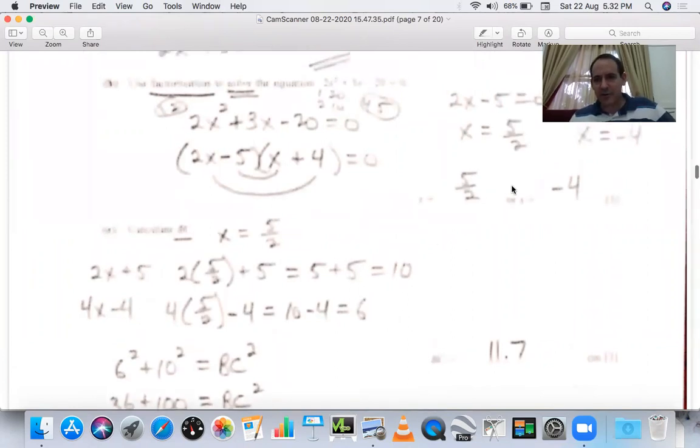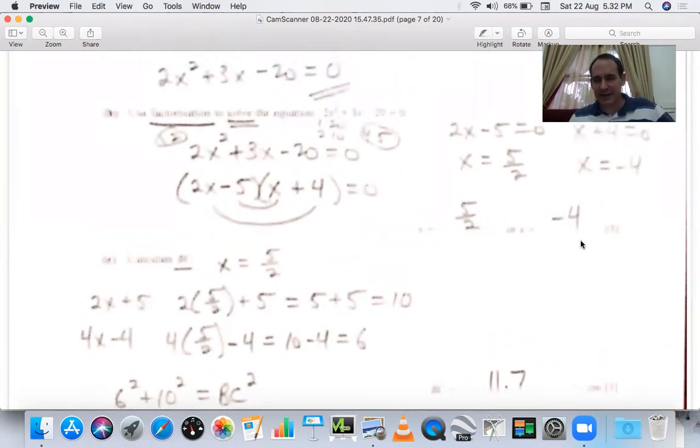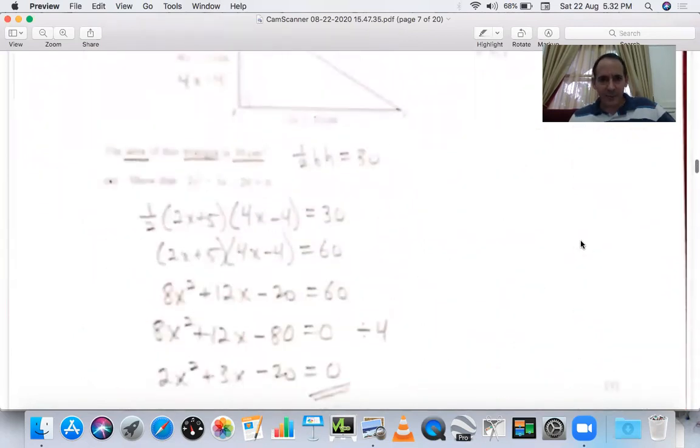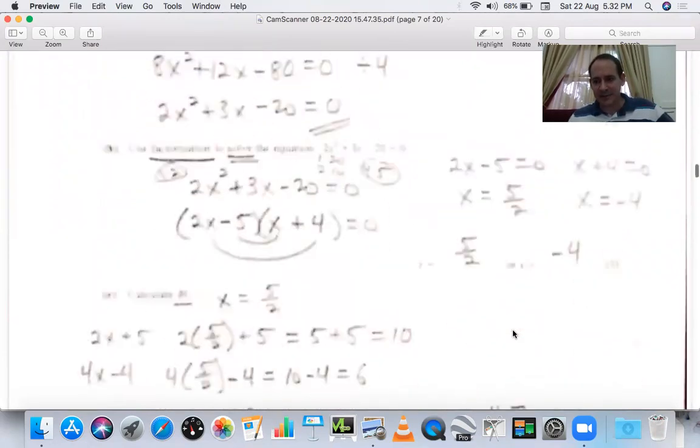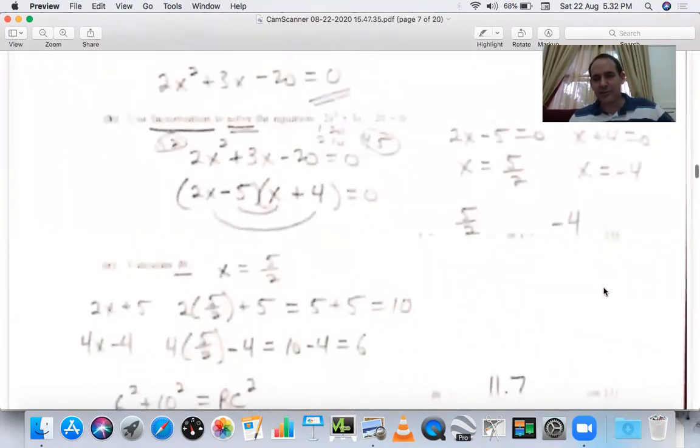So here were the two algebraic solutions, 5/2 and negative 4. Well, obviously x cannot be a length of negative 4. If you put negative 4 in, you're going to get a negative length. We can't have negative length. So this negative 4 gets thrown out. The proper x value for our practical situation is 5/2.